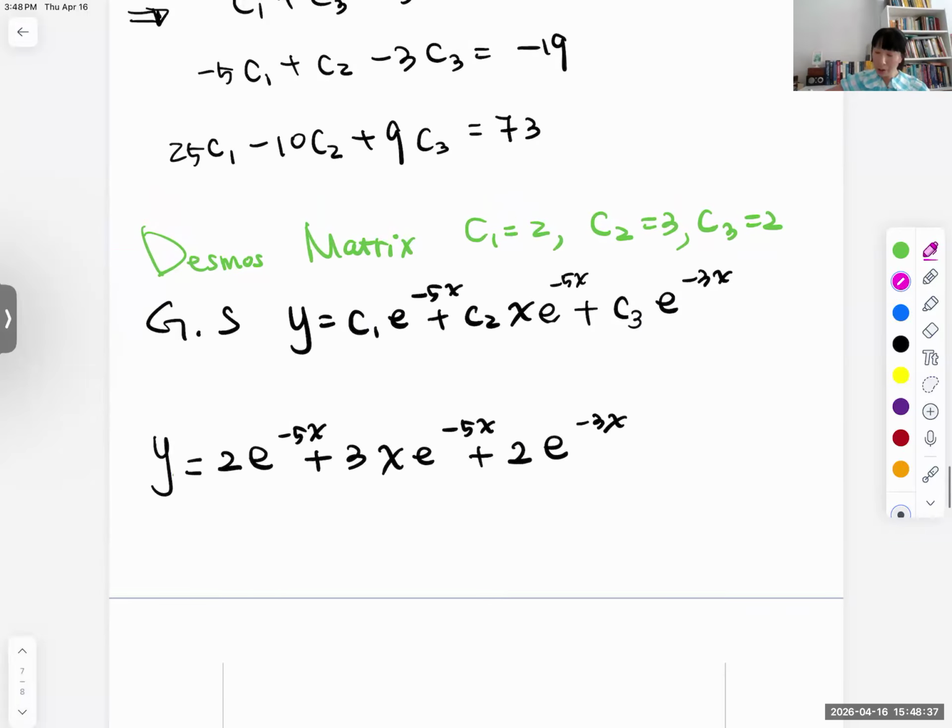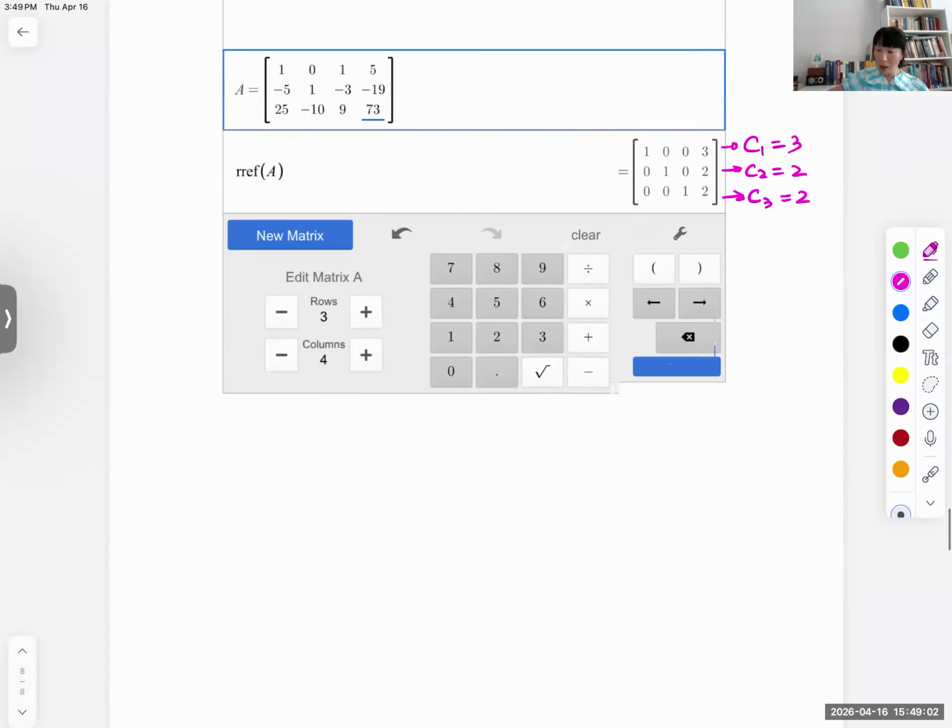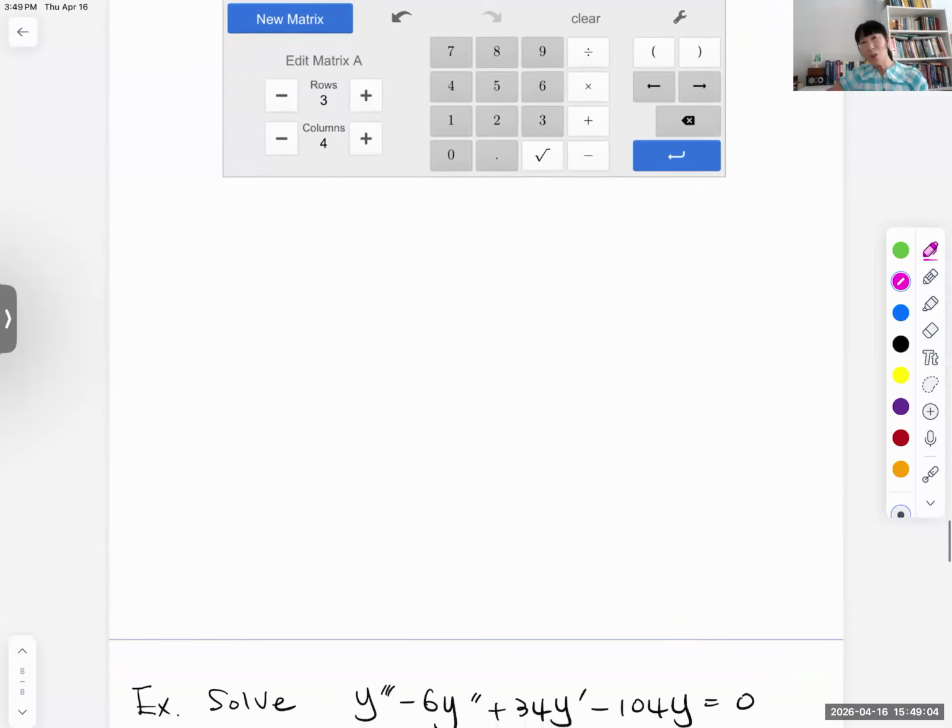So 3 to 2. That is the particular solution. Yeah, make sense?